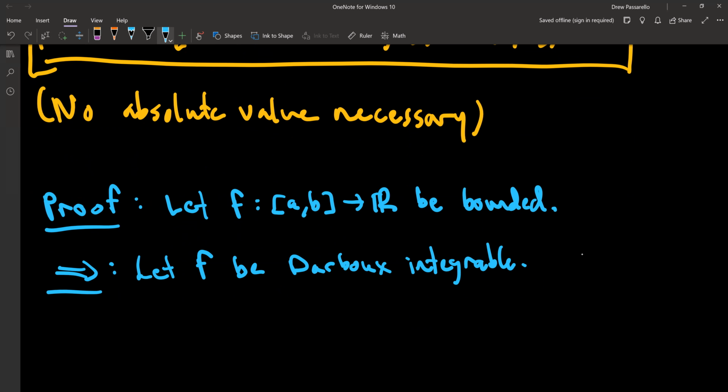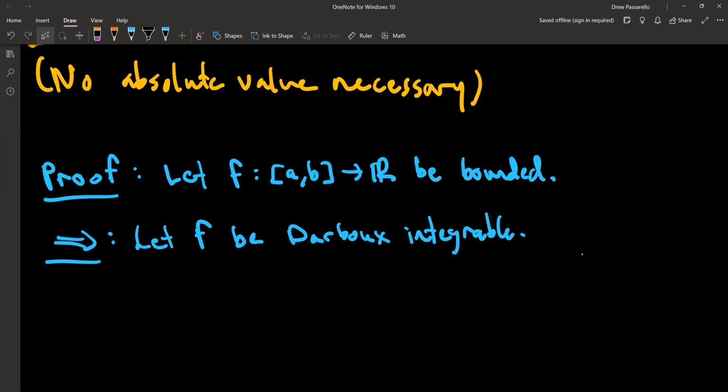Well, if that's the case, then we know L of f is equal to U of f.